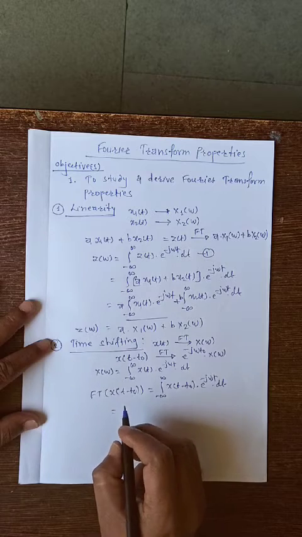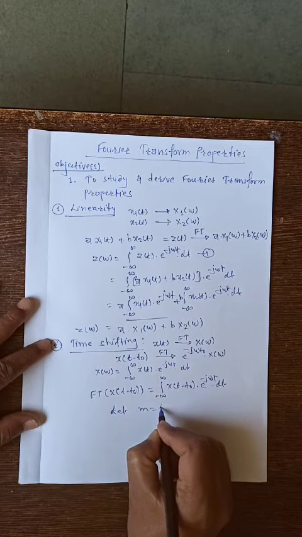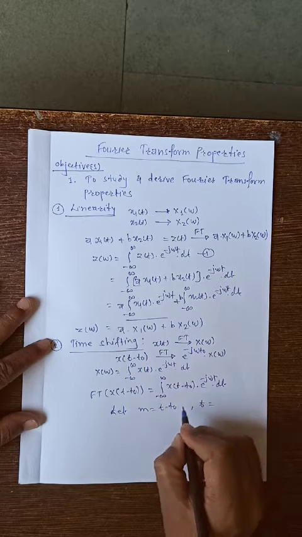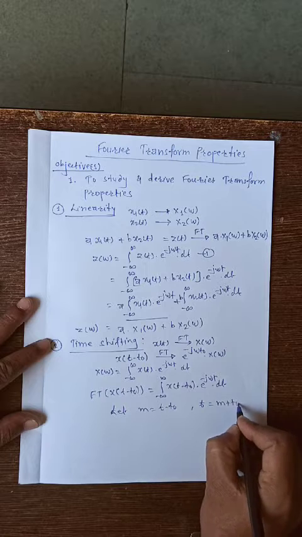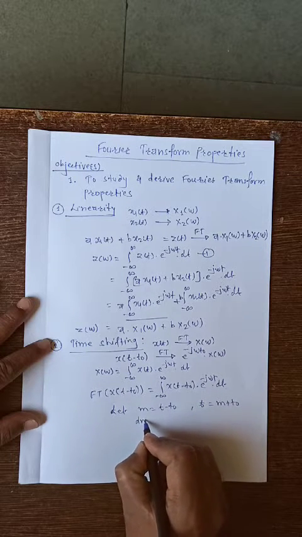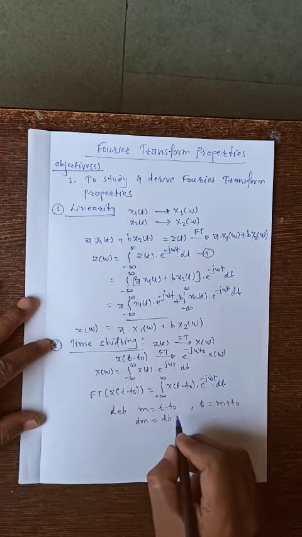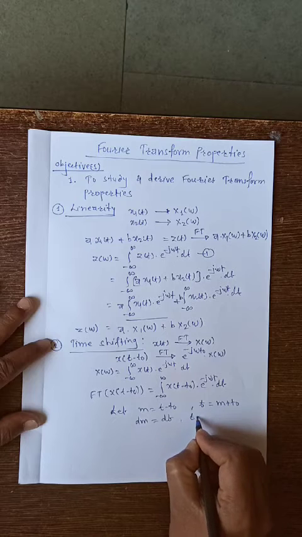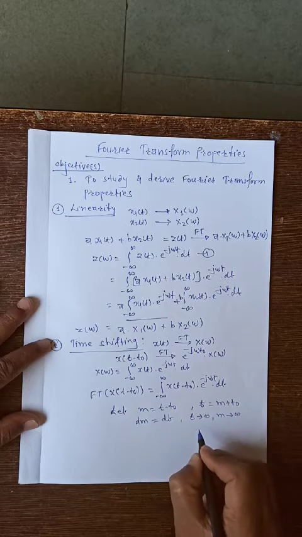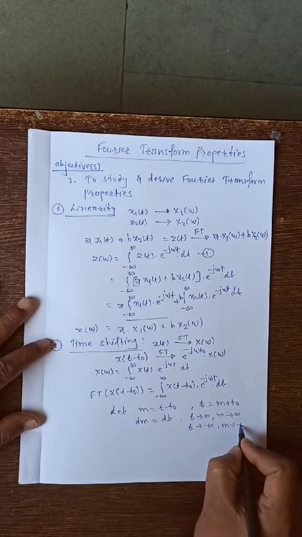Now we'll just do a certain adjustment. Let m be equal to t minus t naught. So definitely t is equal to m plus t naught. If we take its differentiation, dm is equal to dt. When t is equal to infinity, m tends to infinity, and when t is equal to minus infinity, m tends to minus infinity.